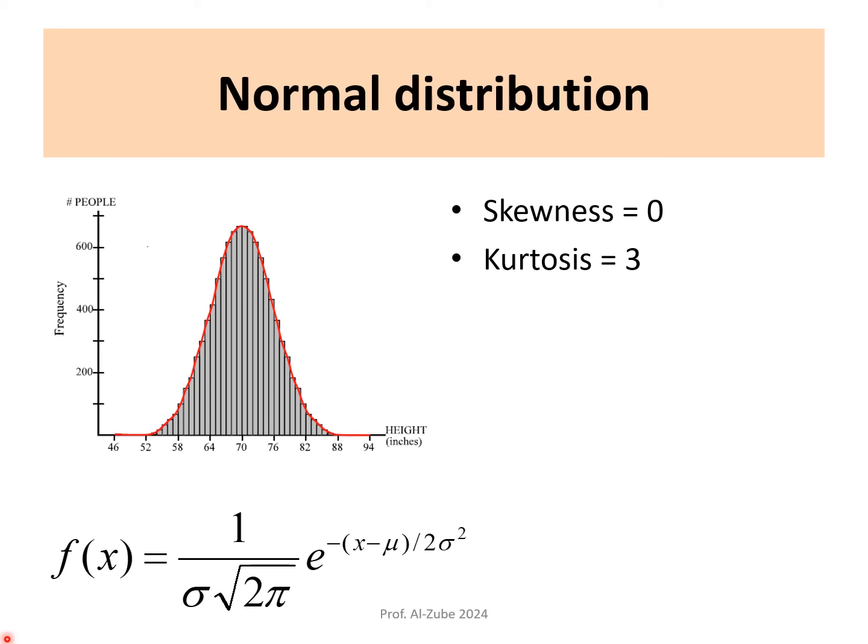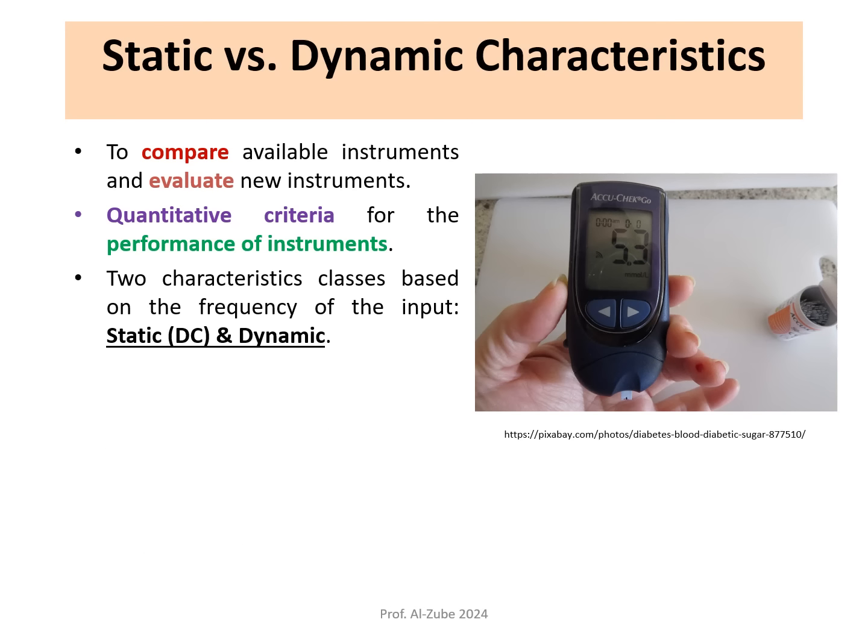Now, what I wanted to talk to you about is something related to the devices themselves when we design them. I'm presenting an introduction before we get into the more detailed description of biomedical instruments. What I want to talk about now is the difference between static and dynamic characteristics of biomedical instruments. There are a lot of medical instruments in the market.